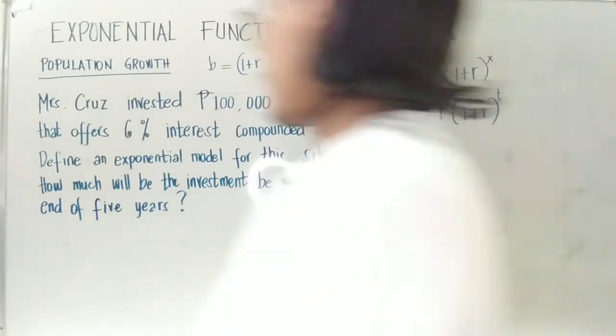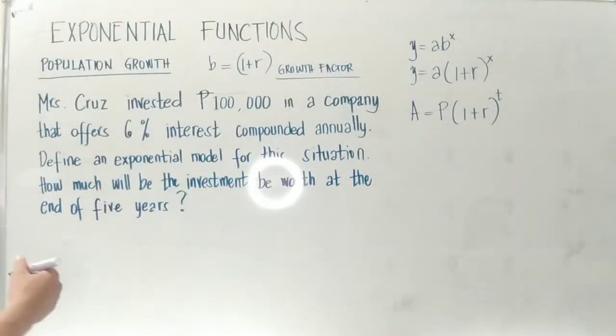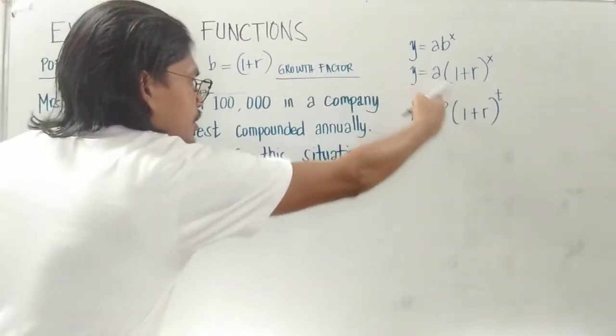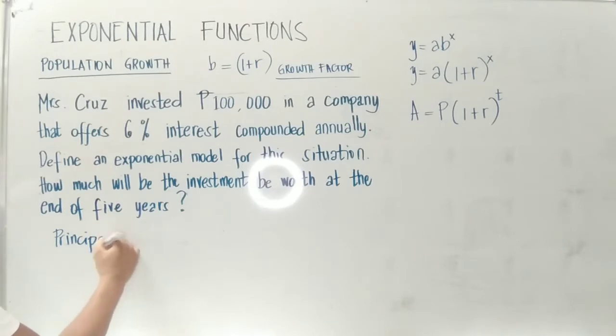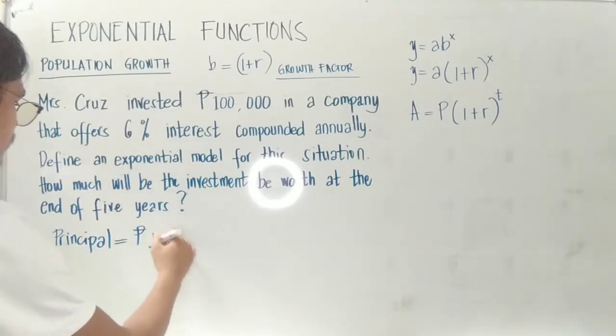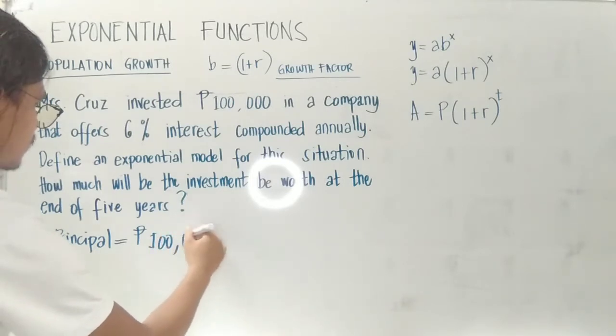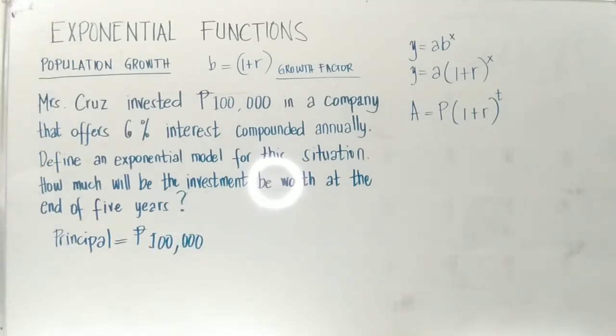So using this situation, A, or the initial value, is your principal, the principal amount of the investment. So the principal is equal to 100,000 pesos.